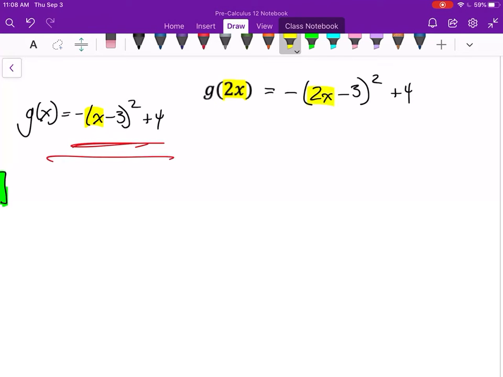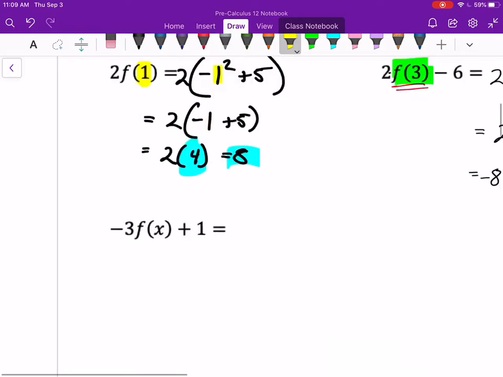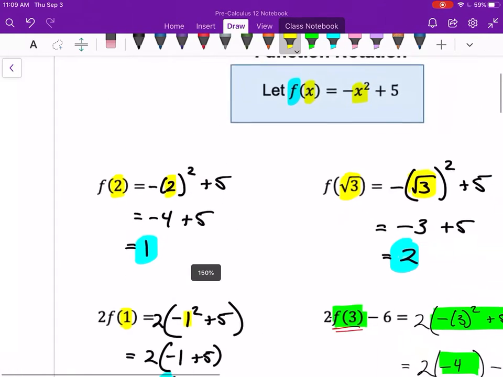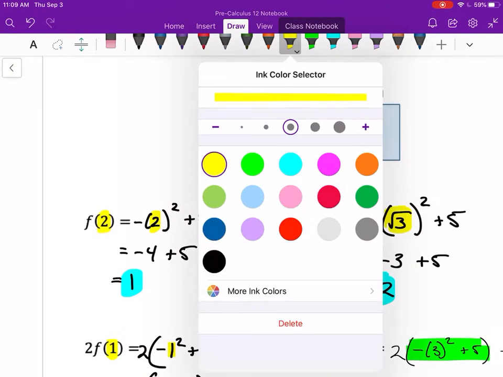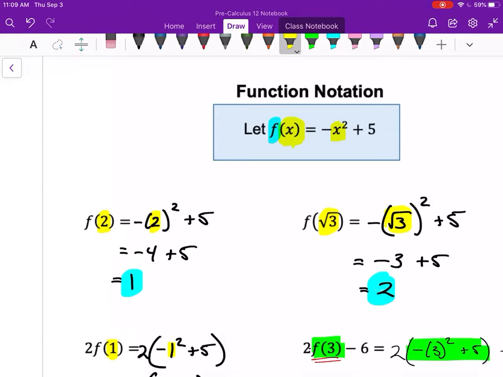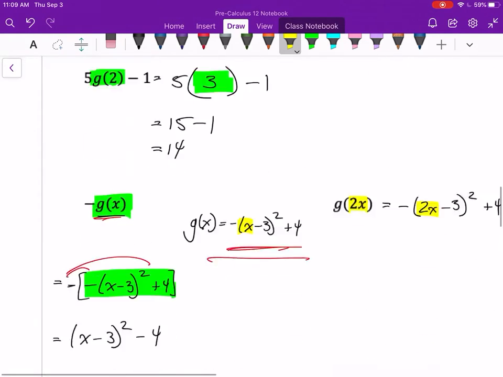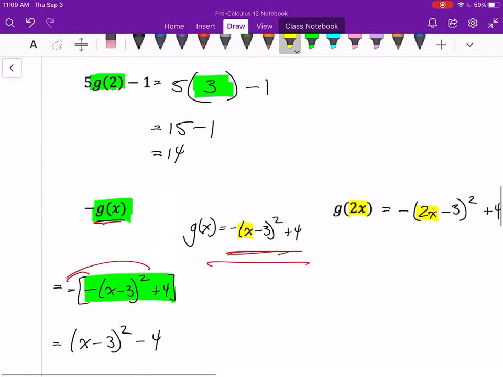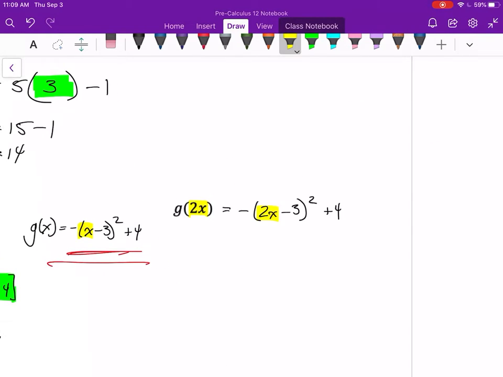If that seems kind of strange, just keep in mind it's the exact same thing we did in these questions up here. If I go back here, f at 2, instead of an x right here, there's a 2. So I replace the x with 2. In this case, instead of an x, there's a 2x. So I replace the x with 2x.